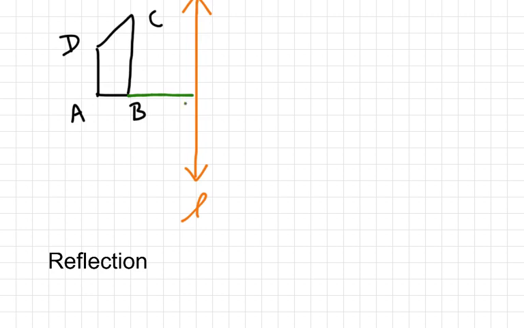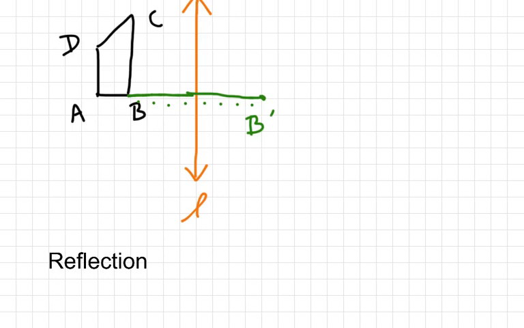So it looks like we are 1, 2, 3, 4 away, and so I need to go the same distance away from the line, in the same direction away from the line. What we're doing is making a perpendicular bisector, for those of you that are comfortable with those terms. So I need to go 4 spaces straight away, and that is where the vertex B prime is going to land.